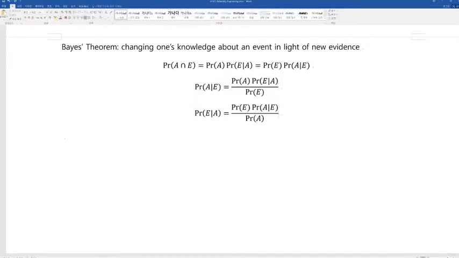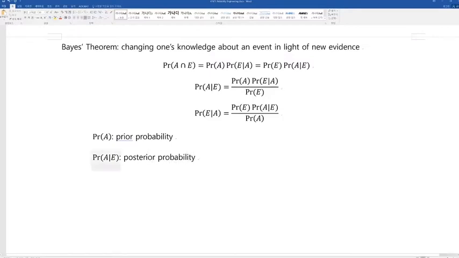So in this case, the probability of A is called the prior probability, before we observe some event, before we observe event E. And the probability after this is called the posterior probability.